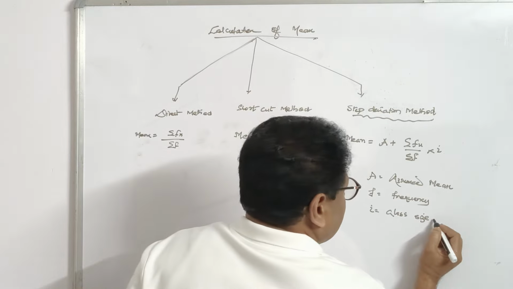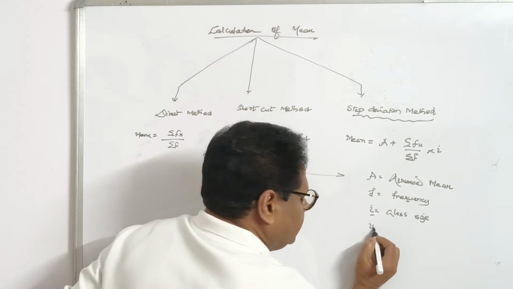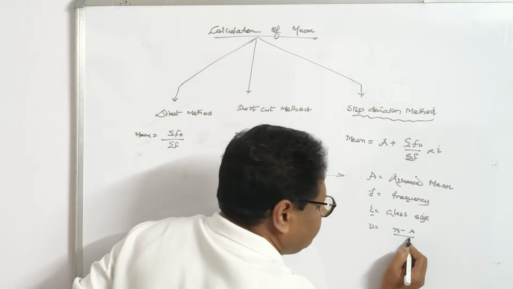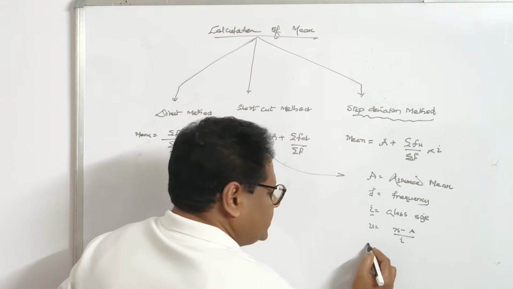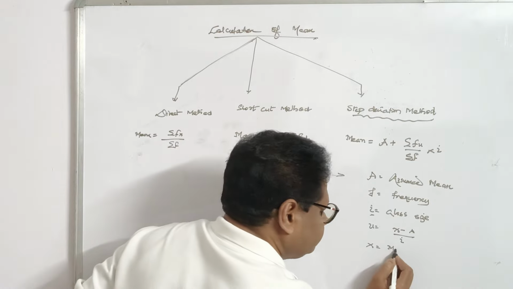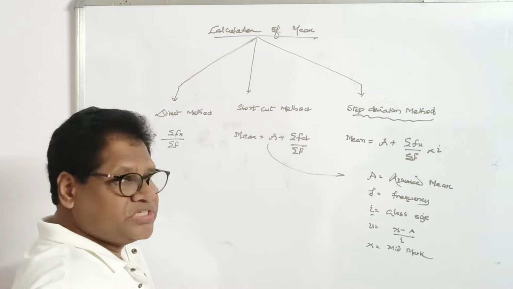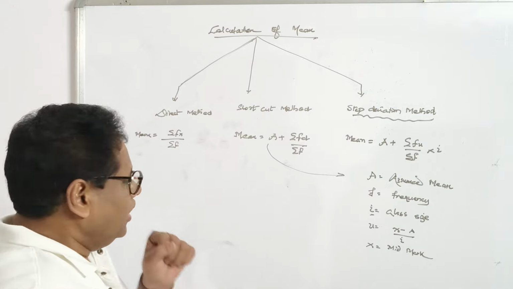And u here is the ratio of x minus a divided by i. Here x is the mid mark, or better, the class mark, which is equal to lower limit plus upper limit divided by 2.